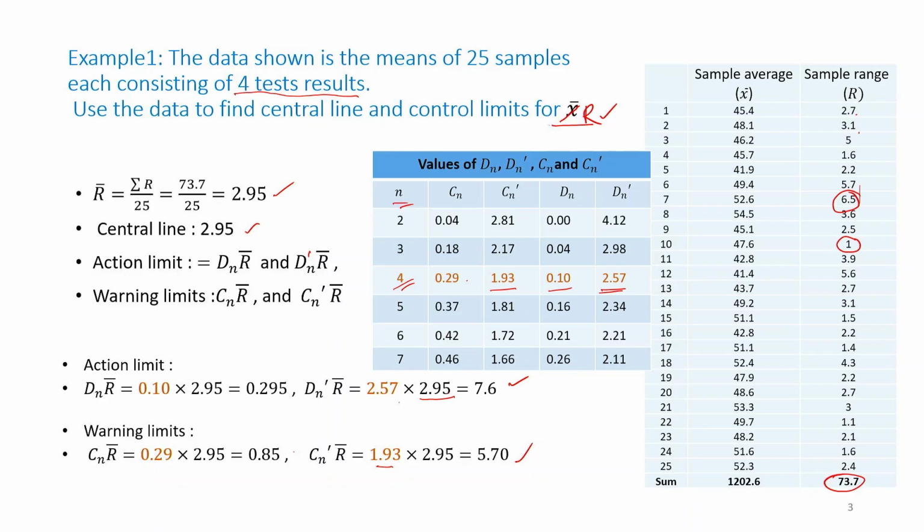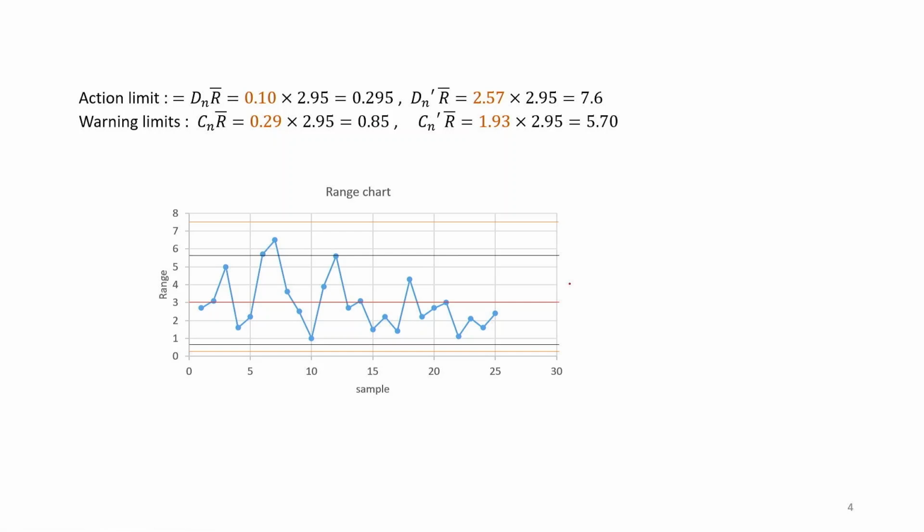And we also have the center line where it has to be drawn. Now once you have this data, the job that is left is to create this particular chart. For this chart, we can make it using scale and pencil, or one can also use an Excel sheet, and in Excel also you can plot these individual data points, that is, the values of individual ranges.